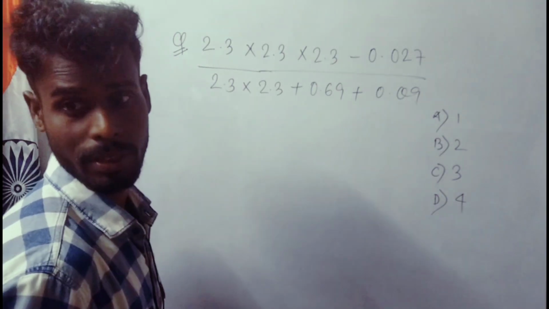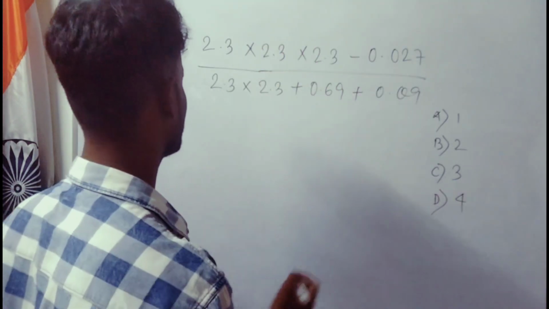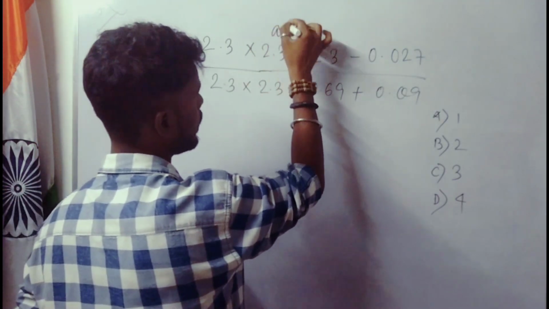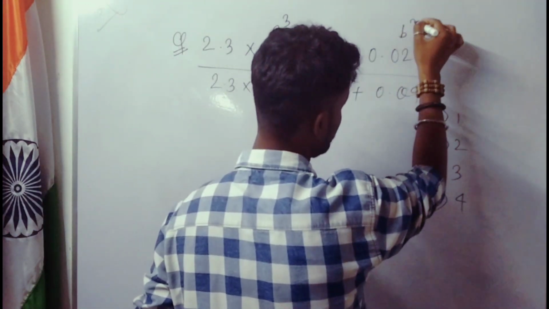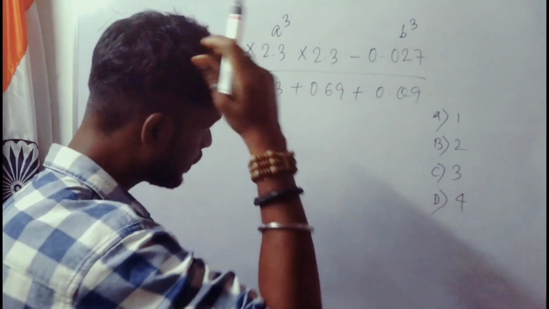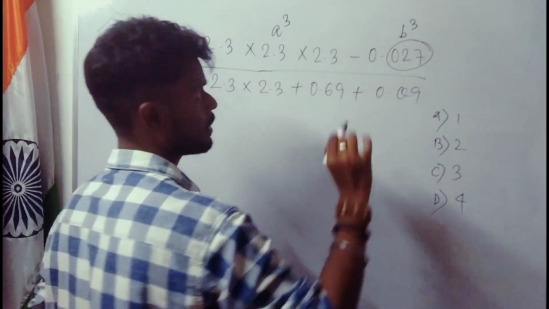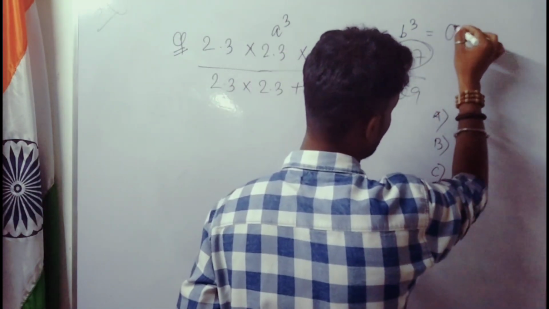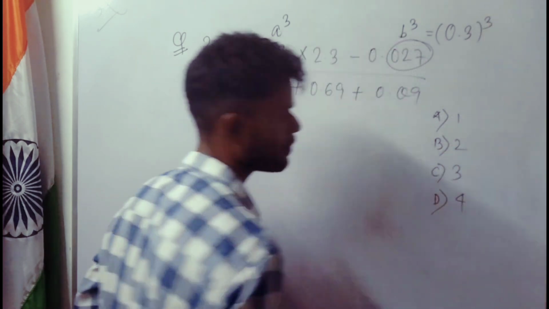So let's do it. Basically, what you see in the question is a cube and b cube. Look at the number 0.027: it is nothing but 0.3 whole cube.